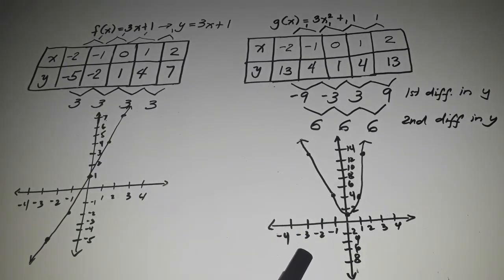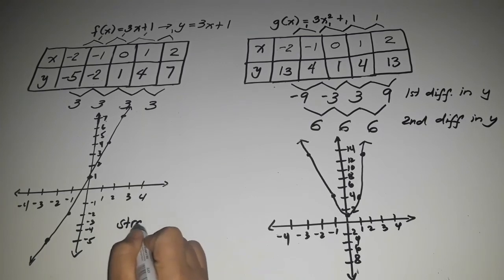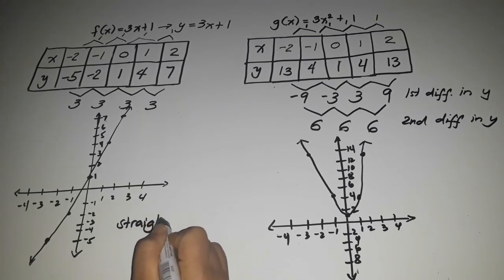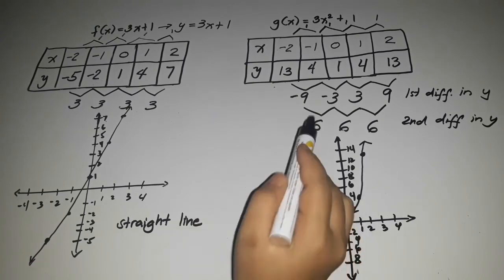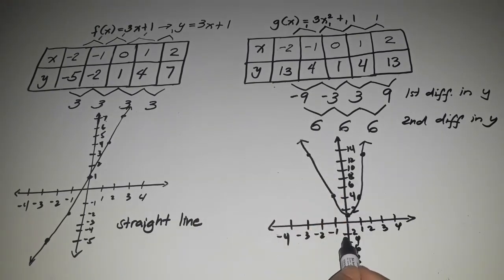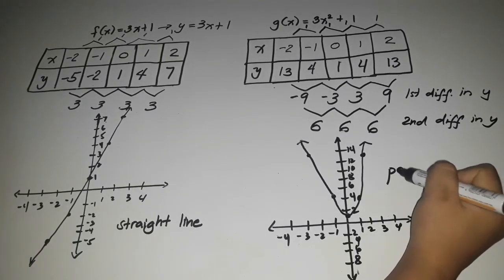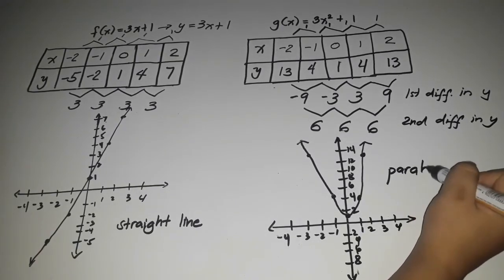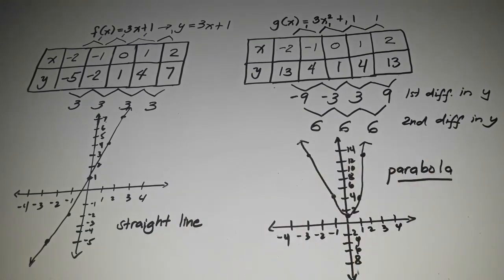As you can see, ang graph ng linear function is a straight line. Meanwhile, ang graph ng quadratic function is a smooth curve called parabola. Okay, so parabola ang graph ng quadratic function.